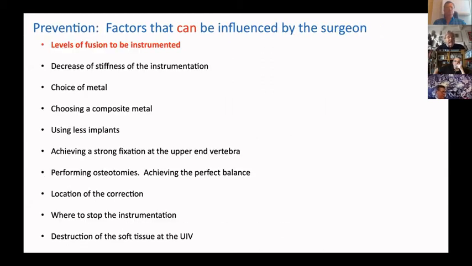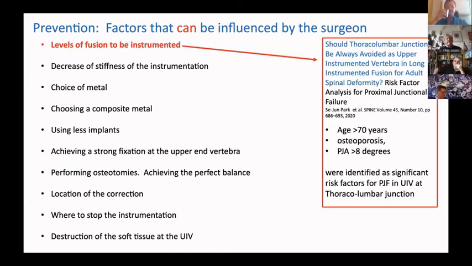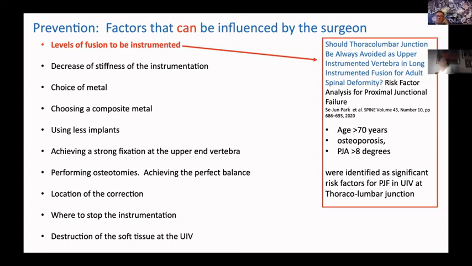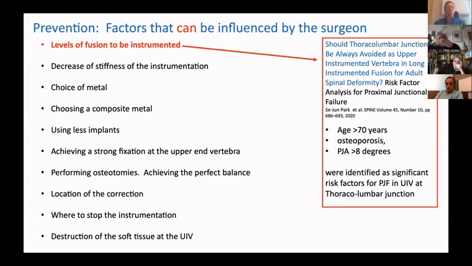And there are factors which can be influenced by the surgeon. For instance, the level of fusion to be instrumented, and here there is even specific literature about that. It is said that when you have a lumbar problem, let's say a flat back syndrome, and you do a fixation and go up to the thoracolumbar junction, that means T12 or L1, maybe T11, then there is a higher incidence of proximal junctional kyphosis in this specific location.